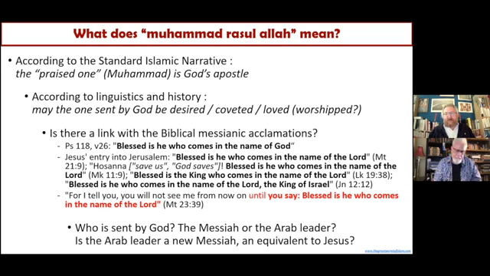Or does Abdallah claim that he is himself the Messiah because the phrase Muhammad Rasulullah is being shouted? And I think this is the case here. I think Abdallah ibn al-Zubair claimed to be the Messiah himself, to be the equivalent of Jesus.